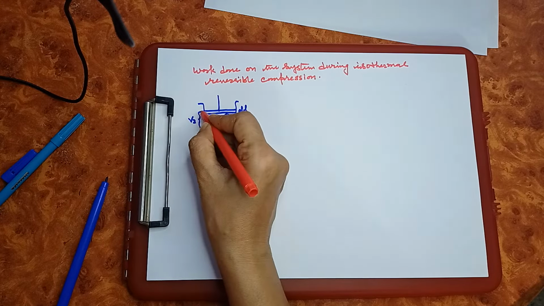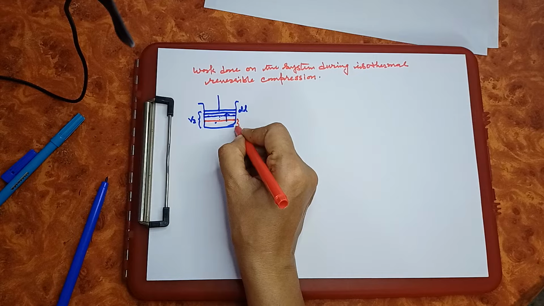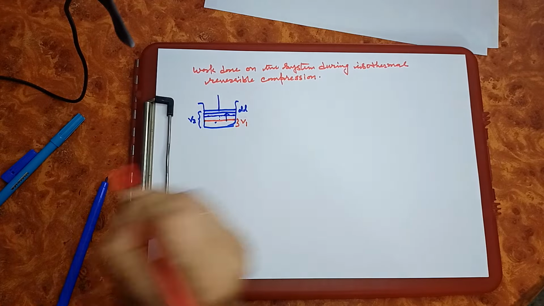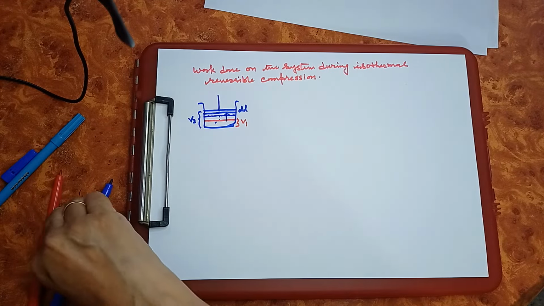Say initially volume was V2, this much, now volume is this one, that is V1.